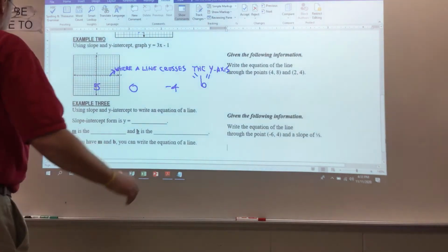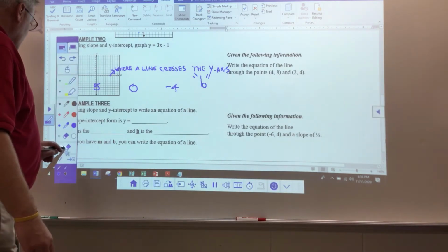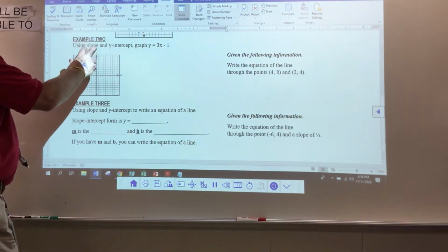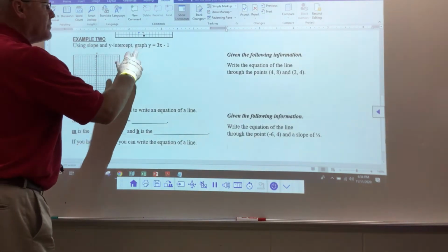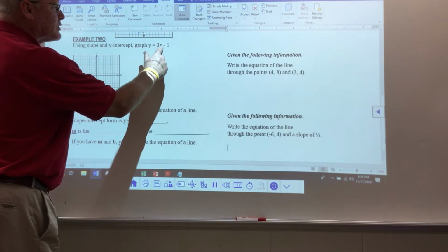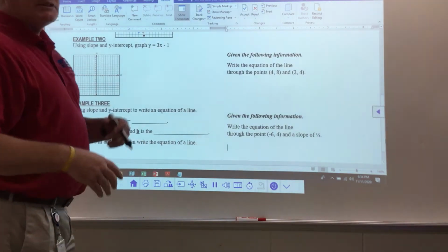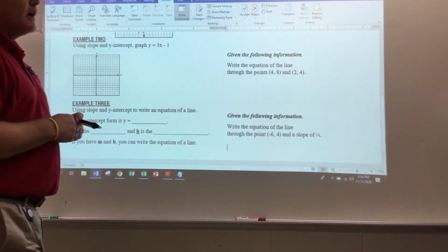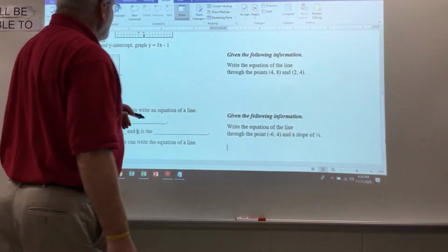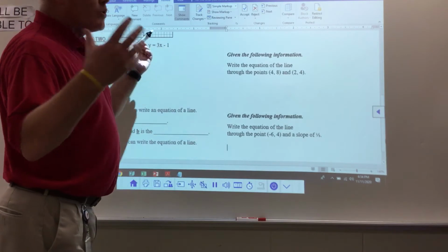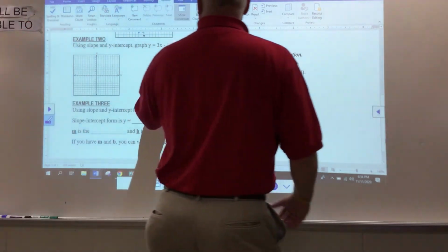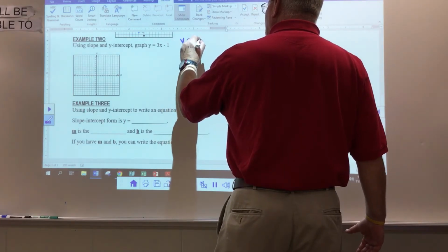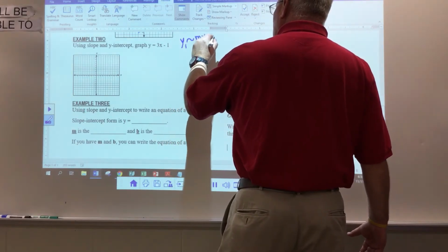Example 2 wants us to use the slope and the y-intercept and graph y equals 3x minus 1. Obviously at this point you could probably type that in your Desmos calculator and see that graph. But if we understand something that we wrote in our last lesson, we wrote down y sub 1 equals m x sub 1 plus b.